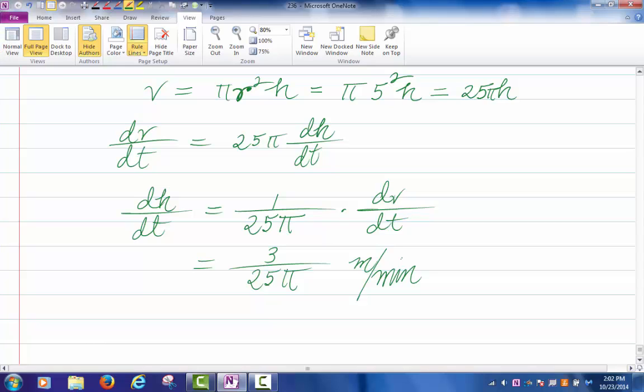This was probably one WebAssign with different numbers. Like instead of a 5 meter radius, it might have been 7 or 9 or 3. Well, they wanted you to approximate that by using your calculator. Why don't you send me an email? I'll check your solution. If it is correct, I'll give you points.